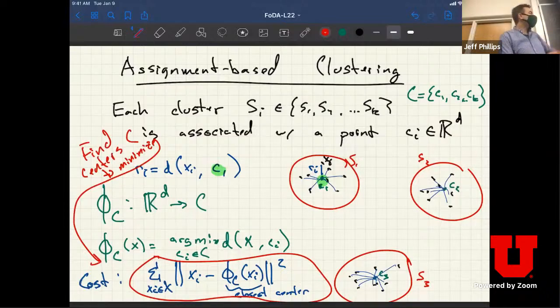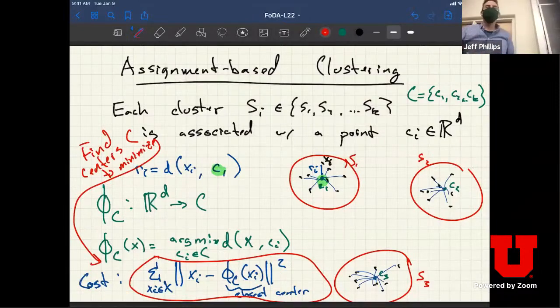A version of this problem is called the mixture of Gaussians, and we will talk about that on Thursday next week, which is motivated exactly the same way, from this probabilistic point of view. But we'll mostly talk about the k-means version, and I will state this next week on Tuesday.